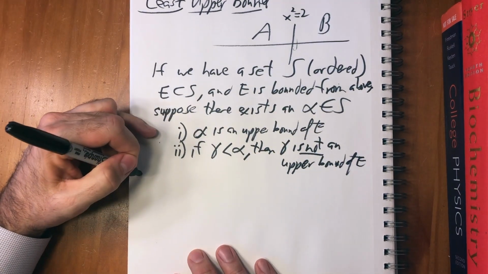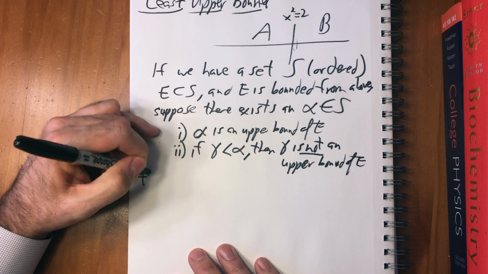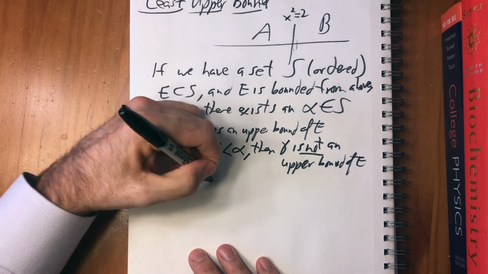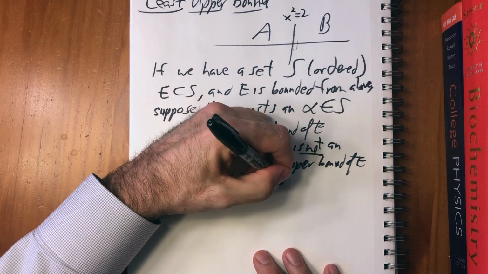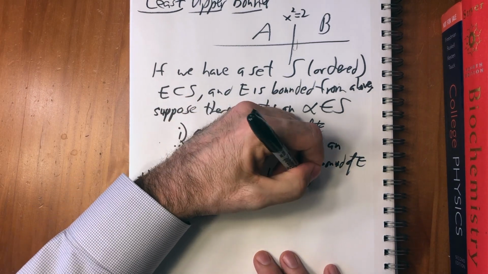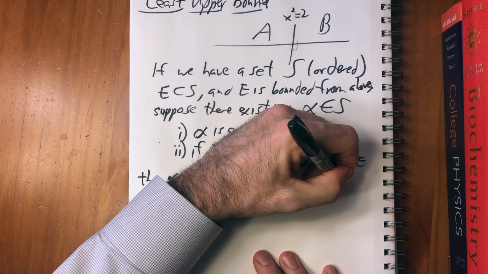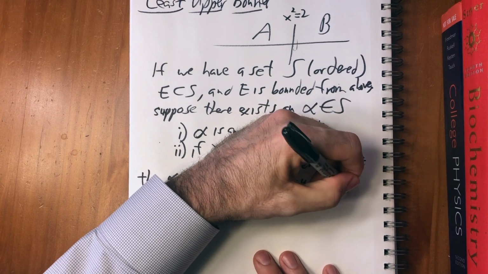Then we call alpha the least upper bound of E.